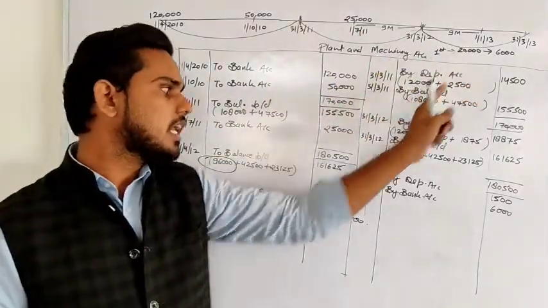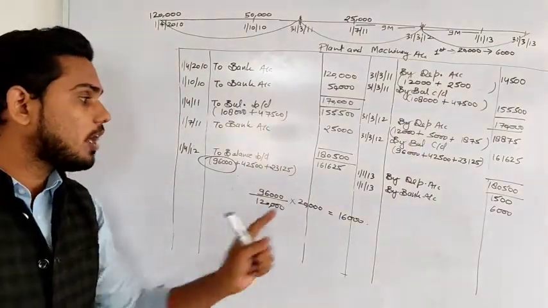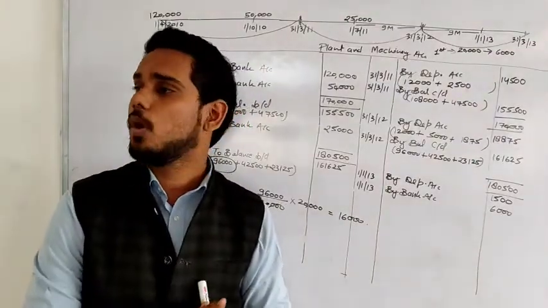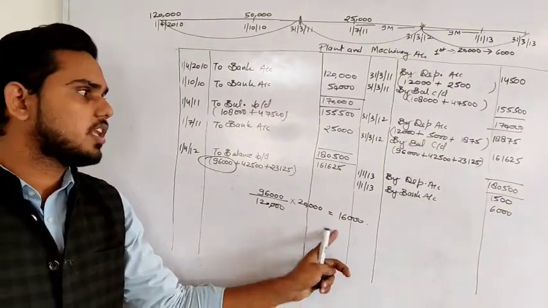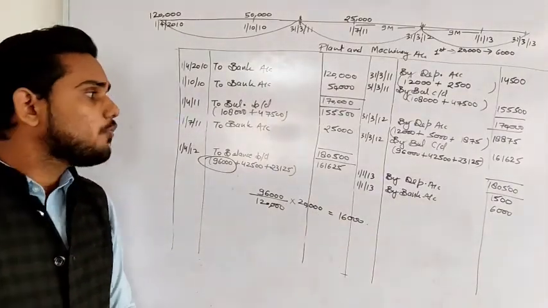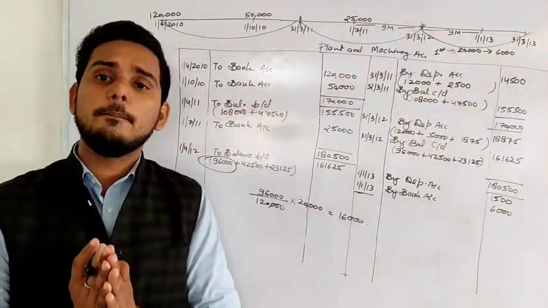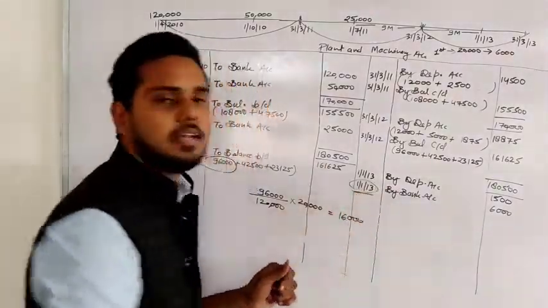So we found that on 1st April 2012 we had the opening value of the machinery which we are selling as 16,000 rupees. But we cannot compare 16,000 with the sale price of 6,000 to find profit or loss. Can we say 6,000 is the sale price but the value was 16,000, so 10,000 is loss? No, that will be wrong. Why? Because if you are selling the machinery on 1st January, you need to compare the sale price with the value on that day.